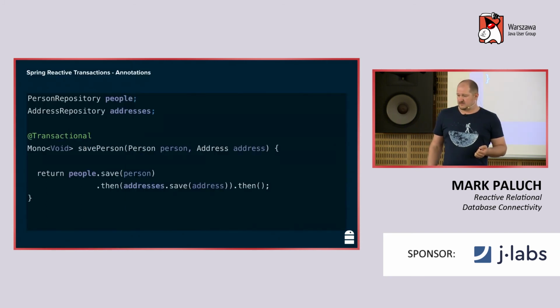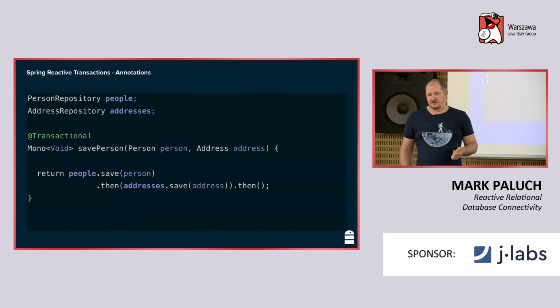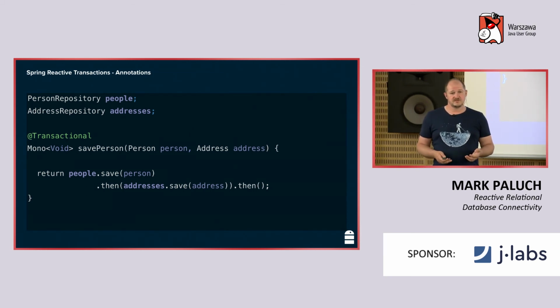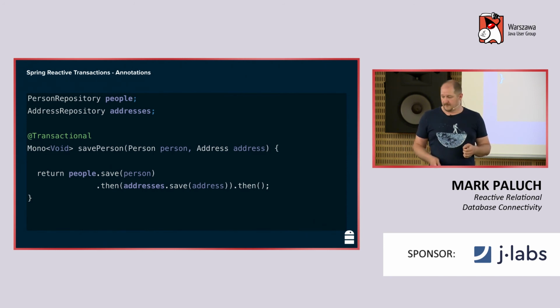And to basically rephrase what Juergen said, the only thing that you need to do is change return types if you want to engage in reactive transactions and reuse the very same transactional annotation, and the transaction interceptor will see that we are returning a publisher type and then augment the entire flow with a transactional operator and run this transaction in a reactive way.